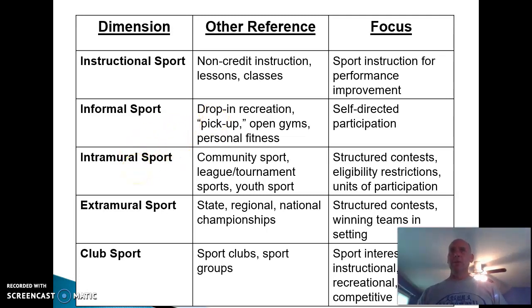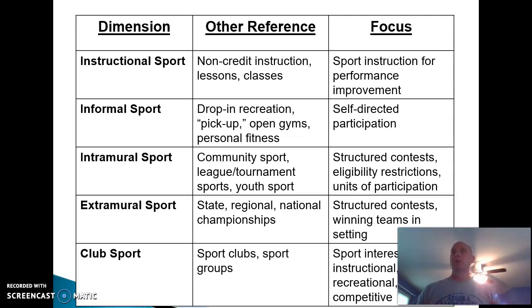Intramural brings a little bit more formality to it. A lot of times we focus on college campuses, intramurals, and being within that community of college students and staff and faculty and participating in that. But it can also be a community. So Conway, the Conway Parks and Rec puts on their youth soccer program.